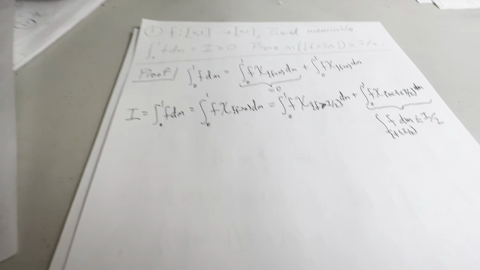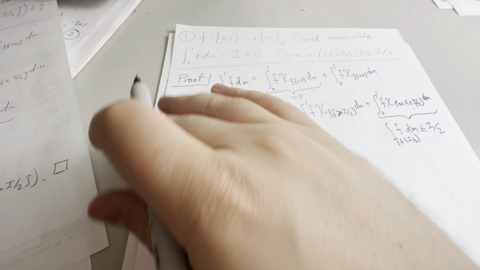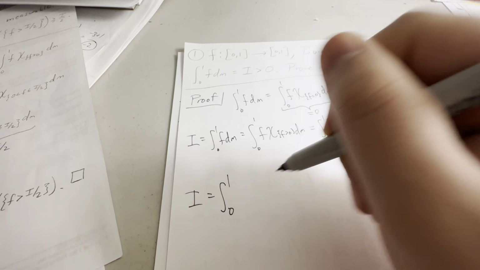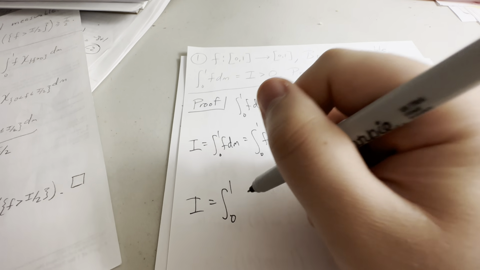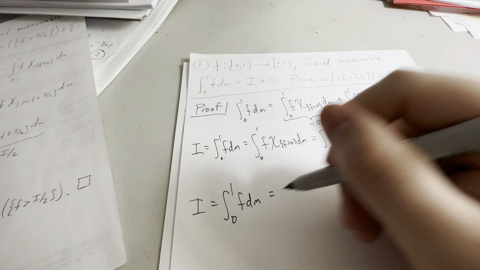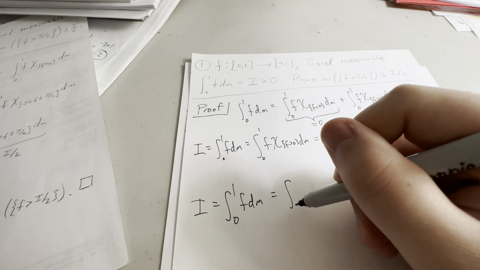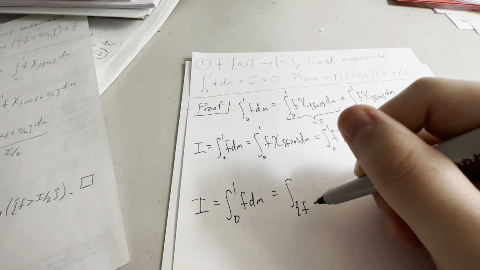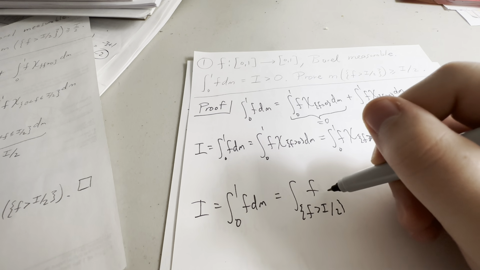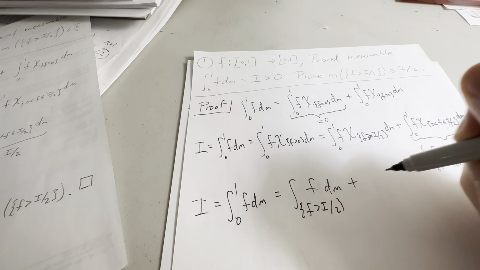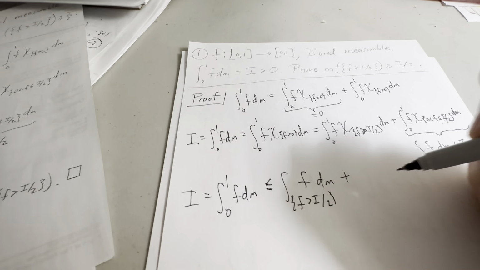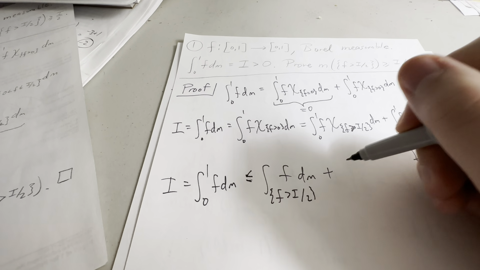And then basically everything's done. Because then you have I equal to the integral from 0 to 1 of f dm, which is equal to the integral over f bigger than I over 2 of f dm, plus this other piece. Well, since I'm getting an upper bound, I need to replace it with this, less than or equal to I over 2.